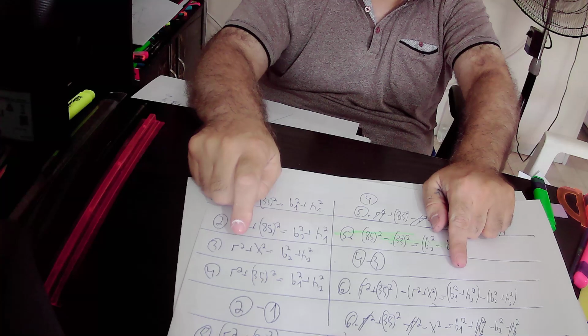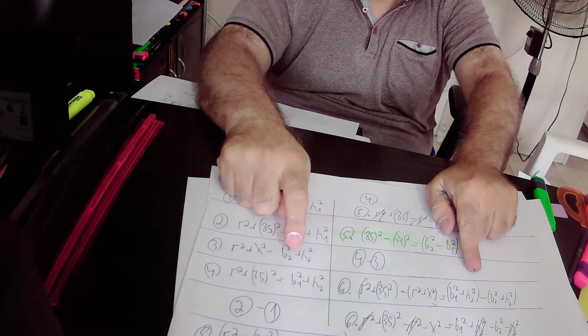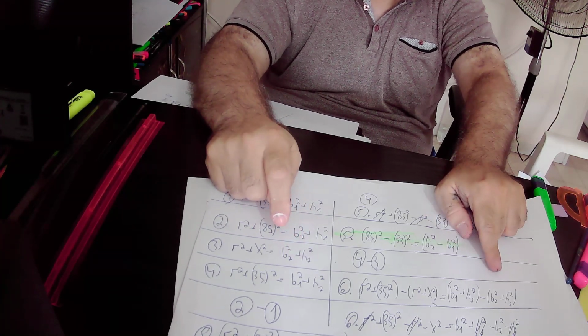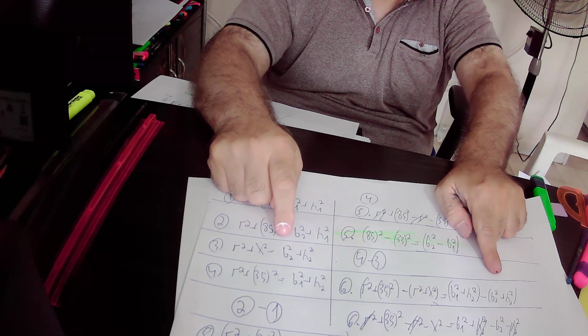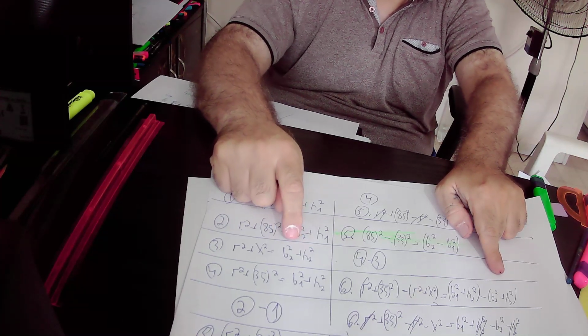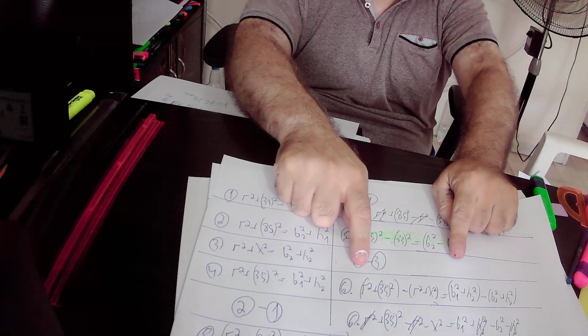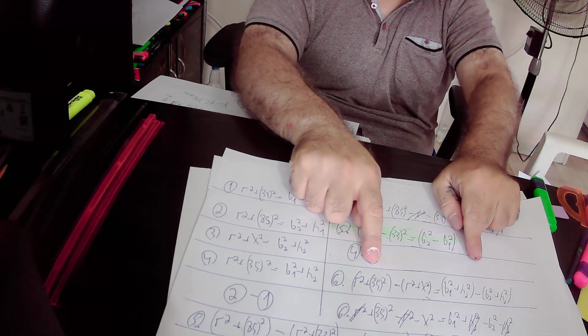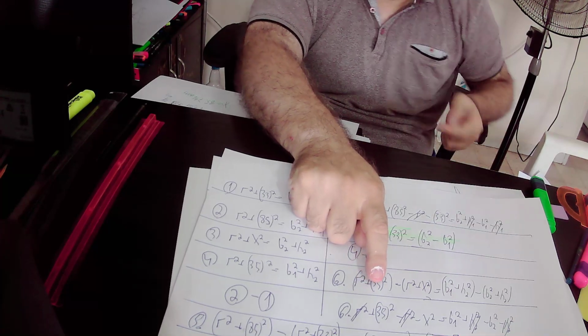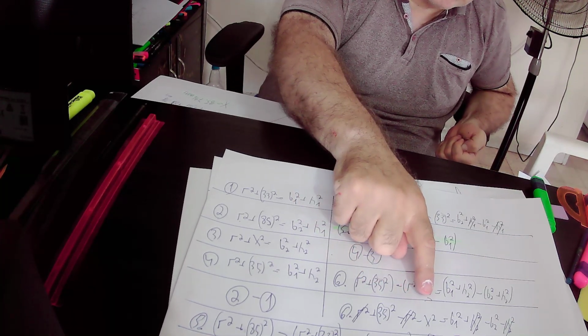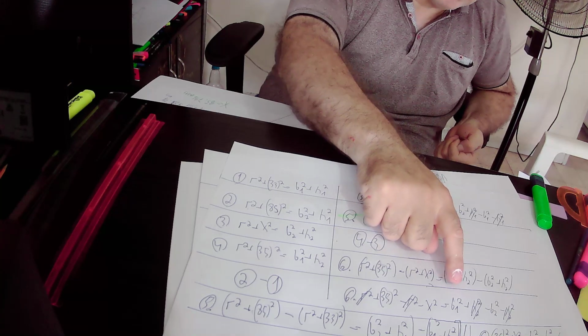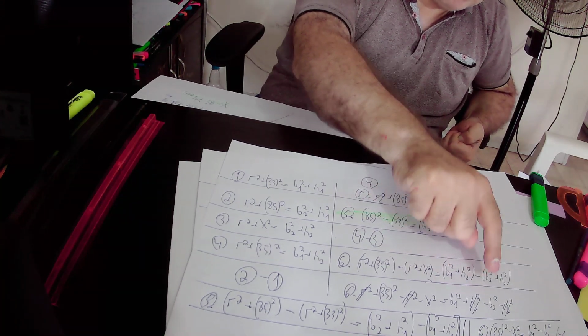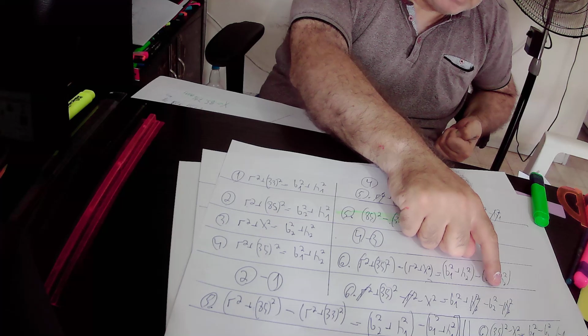In equation number 4 we have on the other side b1 square plus h2 square, minus equation number 3 that we have here, b2 square plus h2 square. Then we open the brackets on this equation number 6, and we got that r square plus 35 square minus r square minus x square equals b1 square plus h2 square minus b2 square minus h2 square.